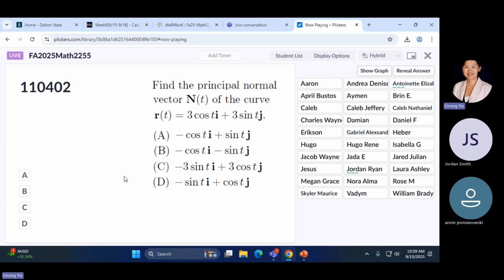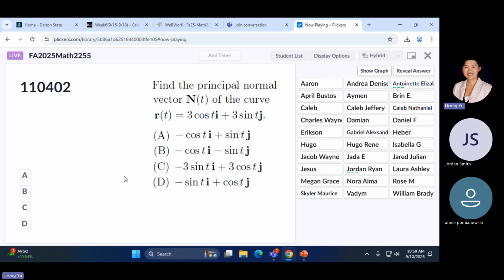We want to be able to calculate it, and we explained the process yesterday. The unit tangent vector is basically a unit vector of the derivative vector. So you find the derivative of r, which is r prime, and you find the magnitude of r prime. R prime divided by the magnitude of r prime is the unit tangent vector.